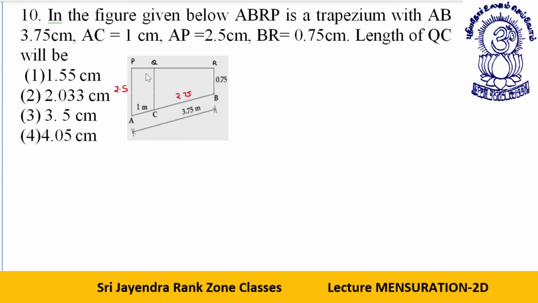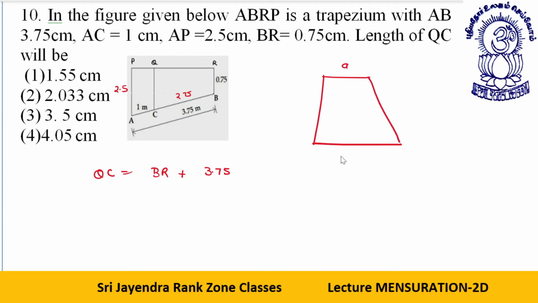Length of QC will be, see students, I've taught you a direct formula if you remember. The smaller side is BR. So QC will be equal to BR plus this ratio. Let me recall you the formula. Suppose this is a trapezium.